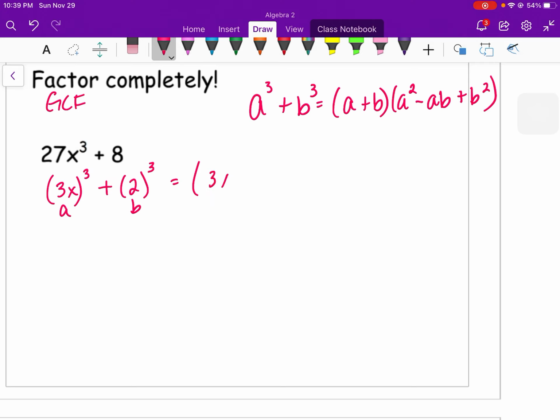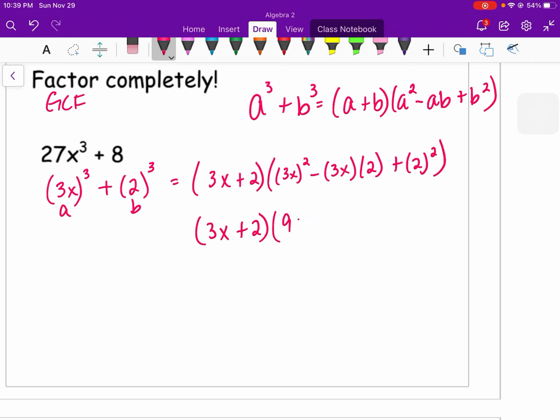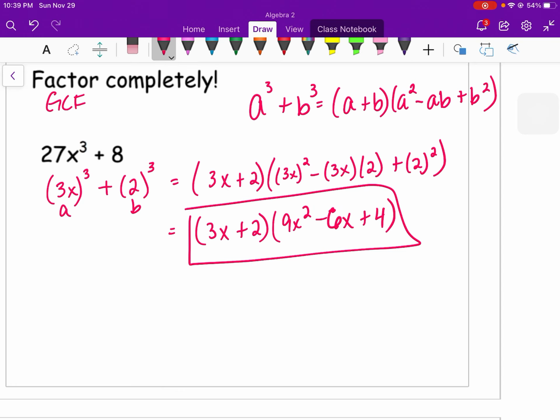Plugging that in, it'd be 3x plus 2 for a plus b, and then 3x squared, a squared, minus a times b, so minus 3x times 2, plus 2 squared. So just rewriting that, 3x plus 2, and then 3x squared would be 9x squared, 3x times 2 would be minus 6x, and 2 squared would be 4. And then that would be factored.